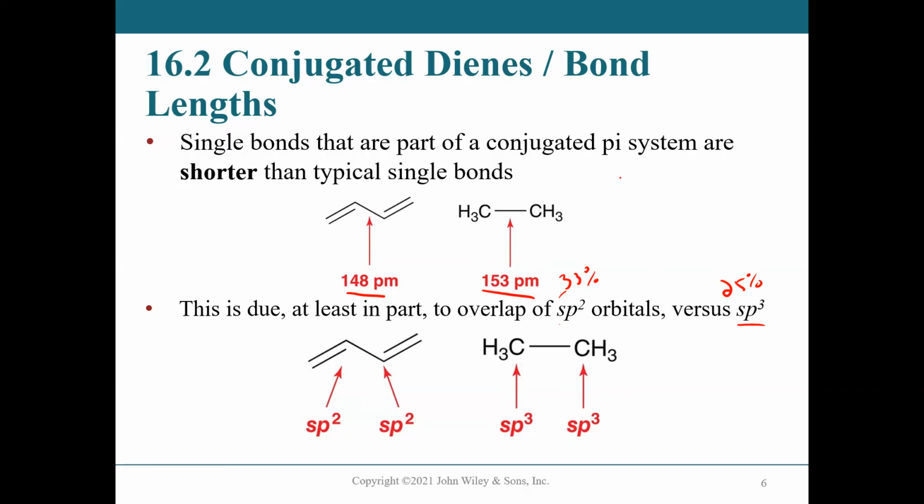And we can remember we have the single bond versus our double bond versus our triple bond. And as we got to the triple bond, it got shorter because our s character got more. So this is, what was it, 50, 33, and then 25%. So as the s character increases, the bond length gets shorter.